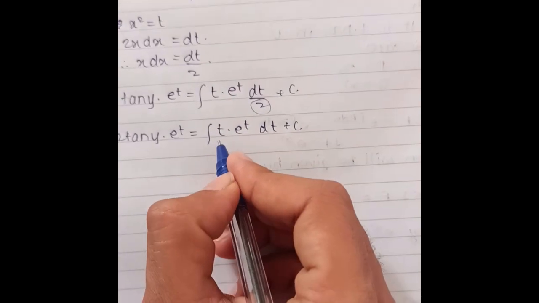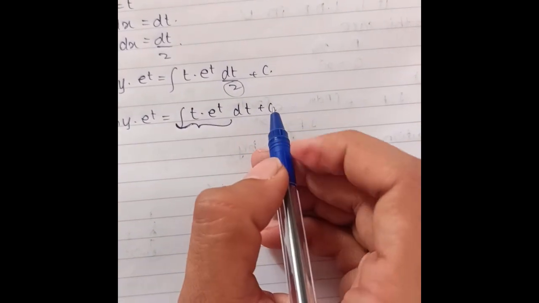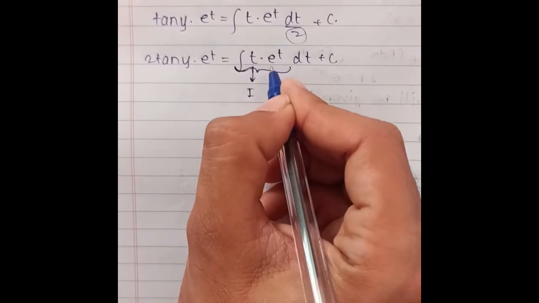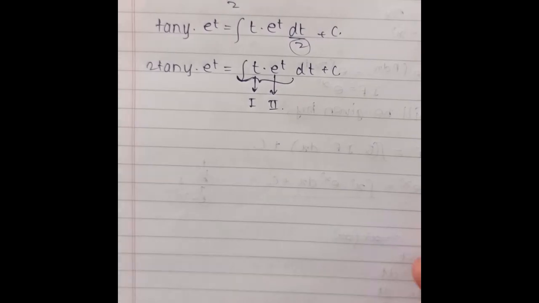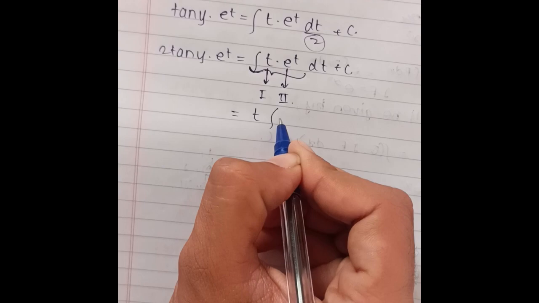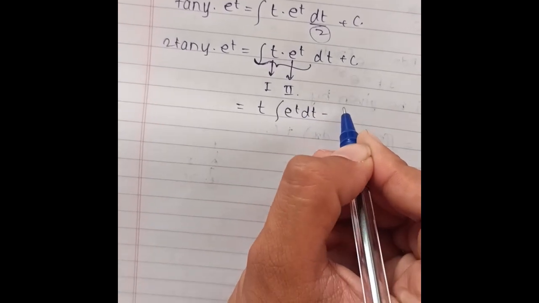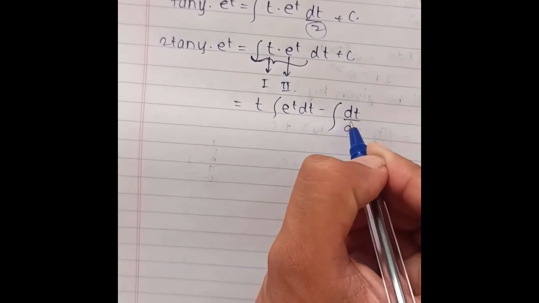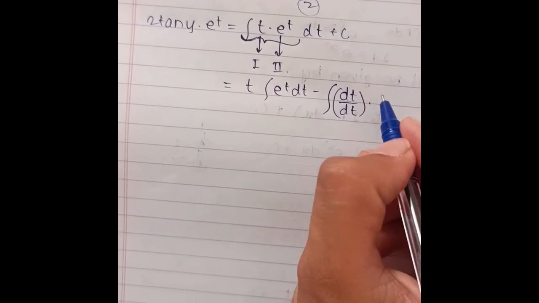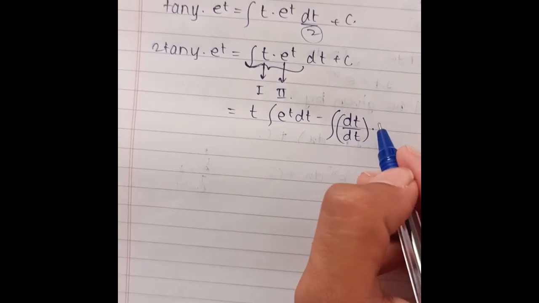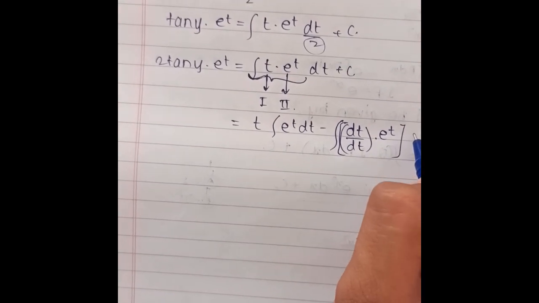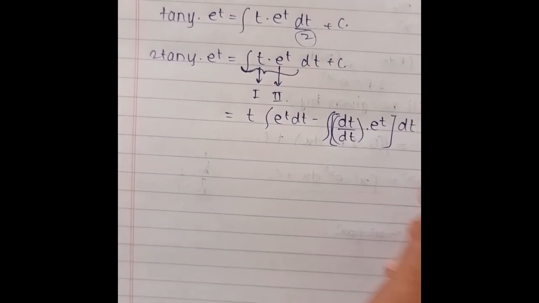Now we will solve this integral using integration by parts, and for this we know that the algebraic function is taken as the first and the exponential as the second function. Using by parts, we know that it is the first function as it is into the integration of the second function, minus the integration of the derivative of the first into the integration of the second function e raised to t, with respect to dt, plus the constant of integration.